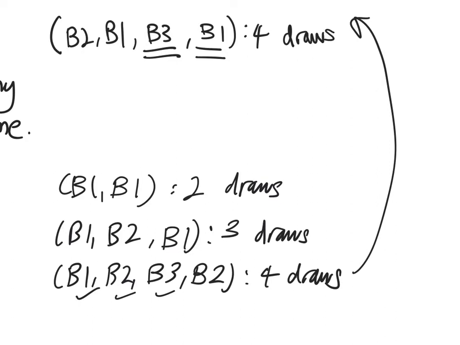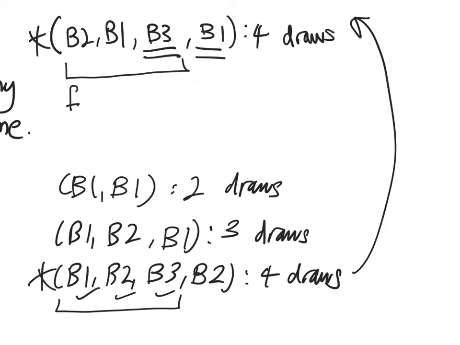Comparing these 2 cases of 4 draws, you'll notice that to reach 4 draws, there's something that must be true for the first 3 draws: they must all be different.